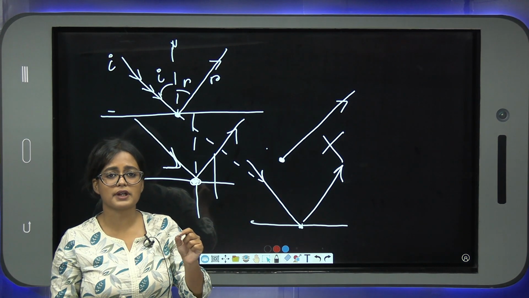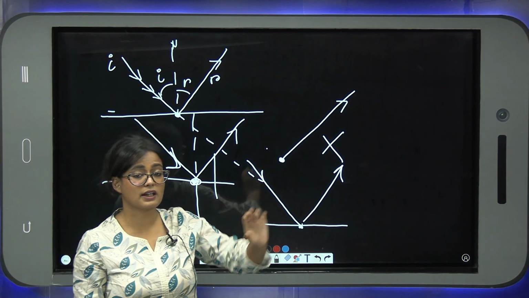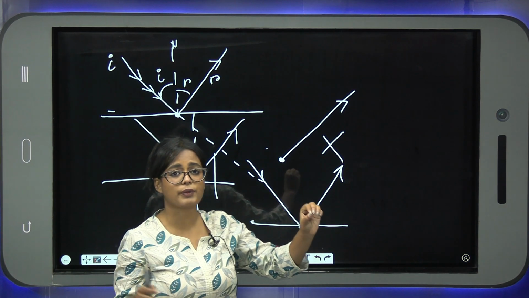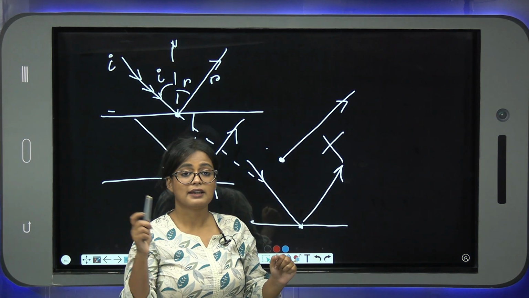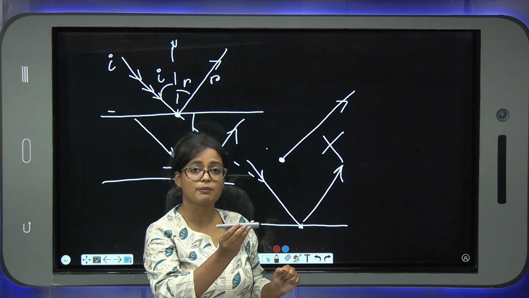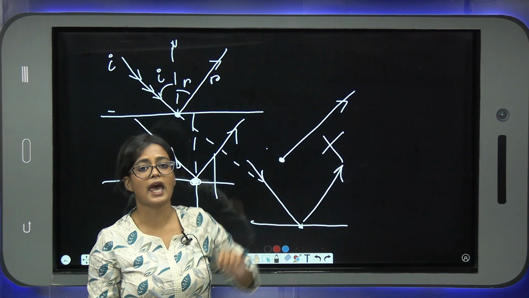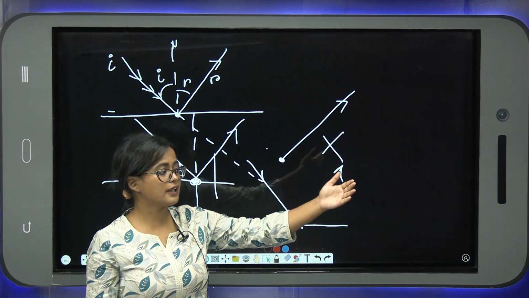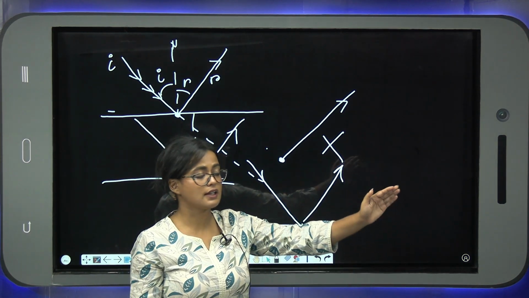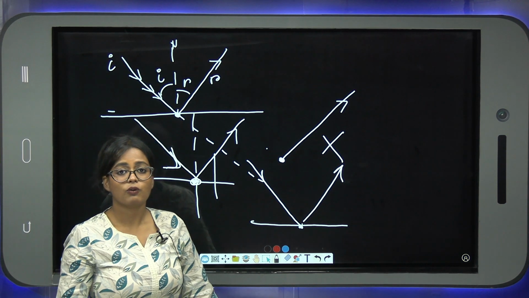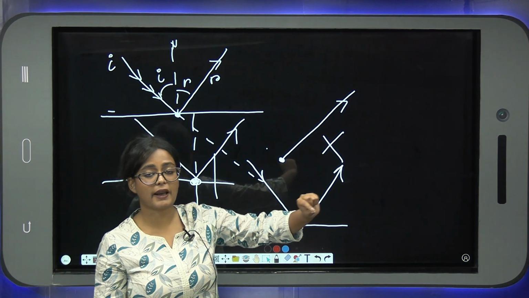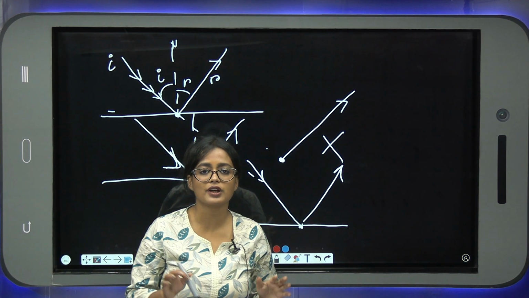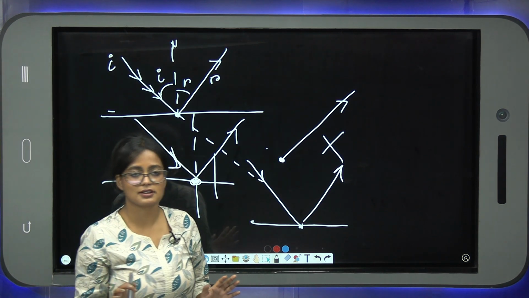But it so happens that when the obstacle is very small or tiny, the light ray that comes from the source bends around the edge of the object and reaches the screen or whatever there is behind the object. This bending of light is called diffraction, which is for higher studies.